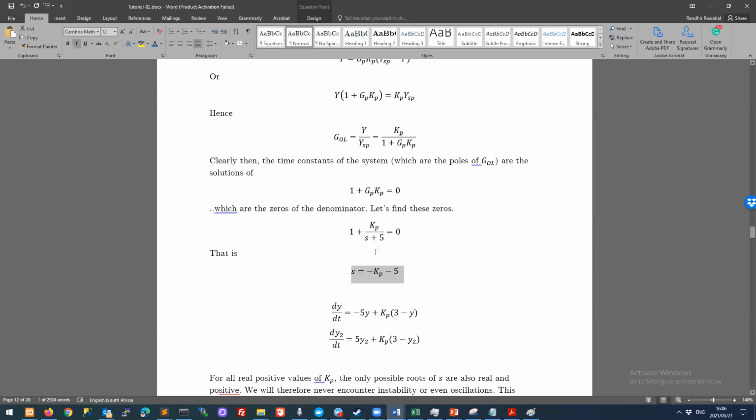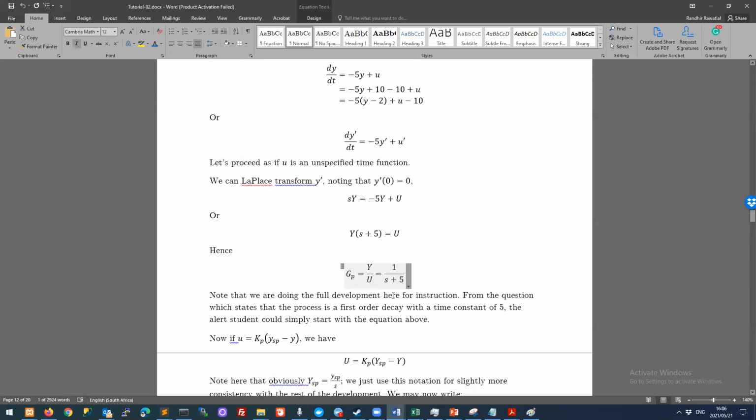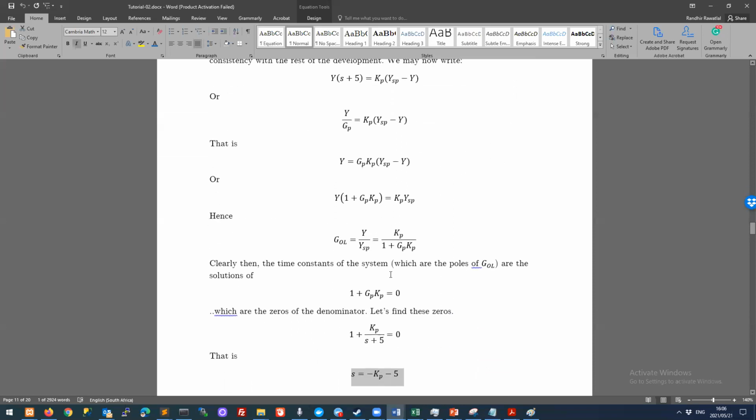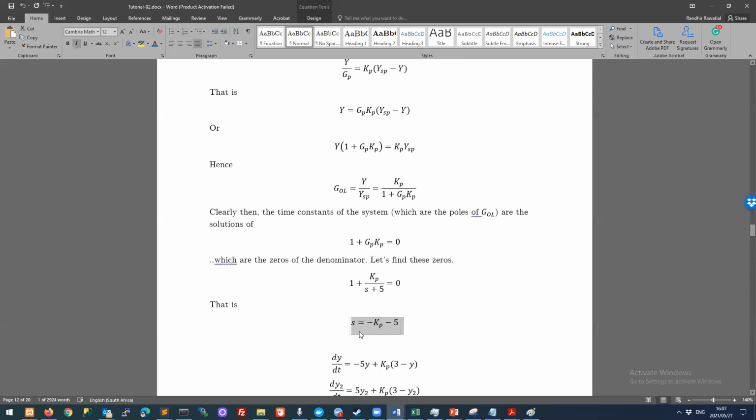The pole of this open loop transfer function, this pole is the time constant. And we've discovered now that the time constant, the root of the equation, the s value that makes the denominator 0, is always going to be real and negative.